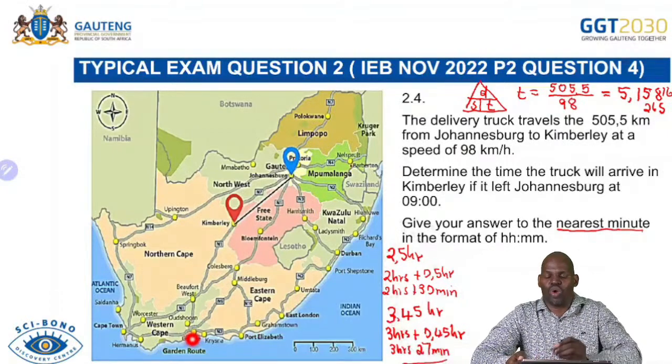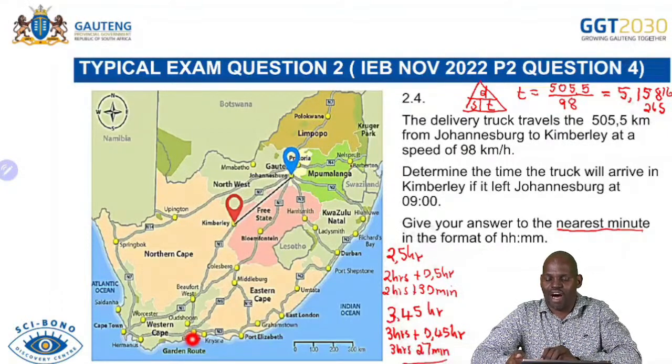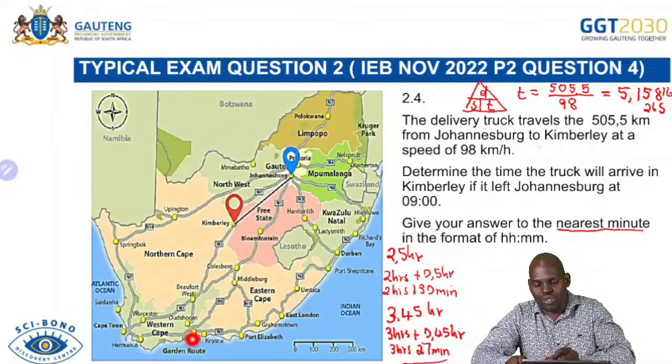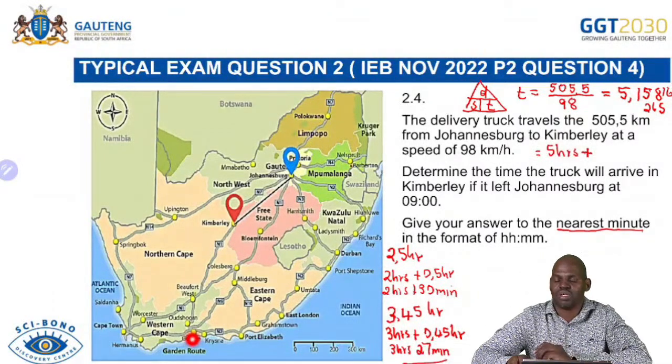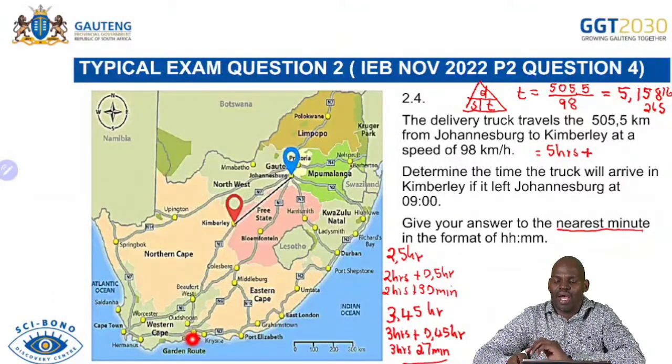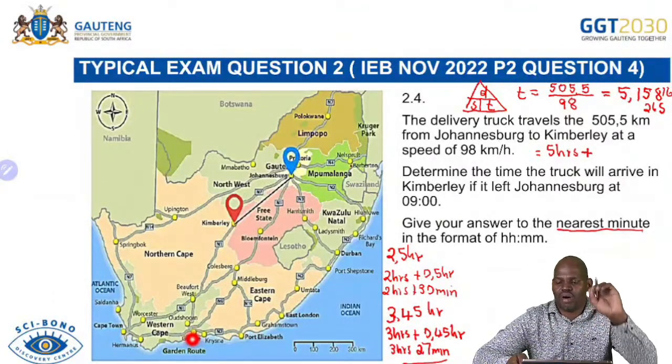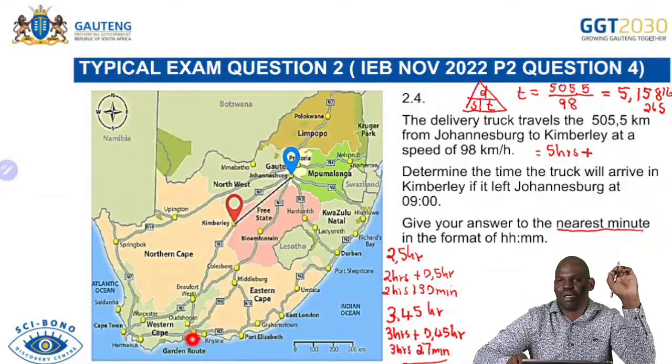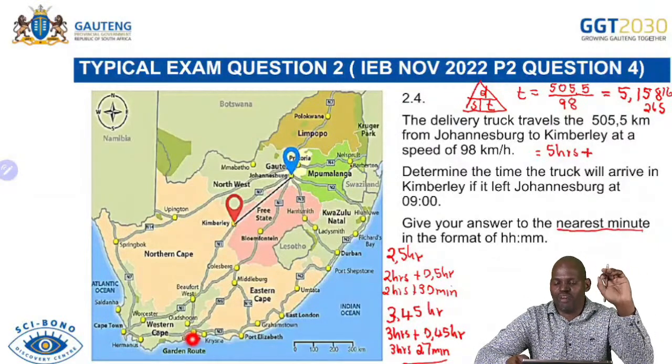Now, let's go back to this one, where we've got 5 hours. Okay, so we're going to split. We've got exactly 5 hours, then we say plus the whole fraction after the comma, which is the number of hours. Okay, then we convert that fraction to minutes.